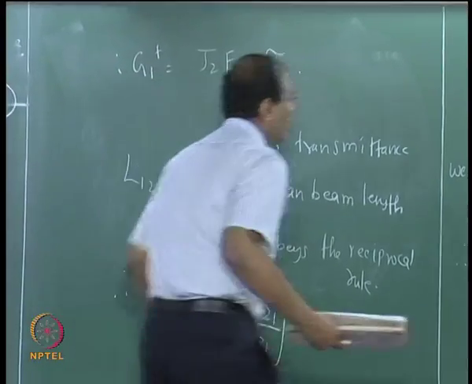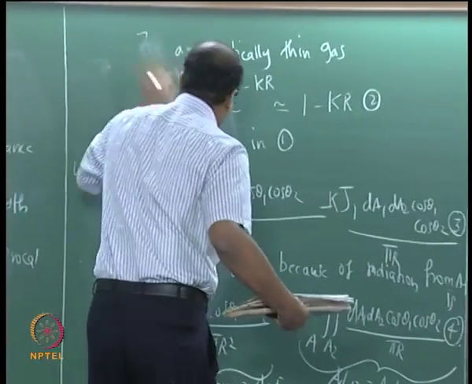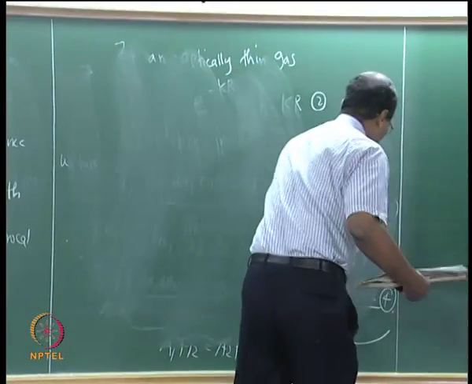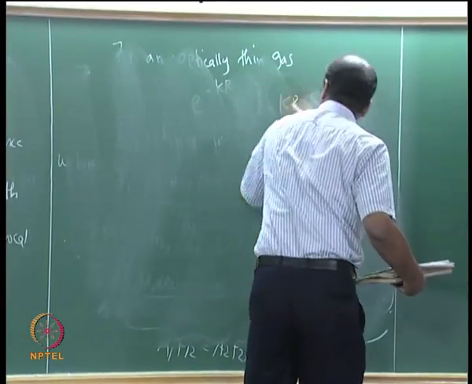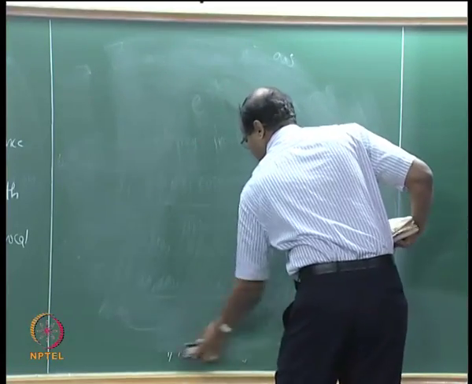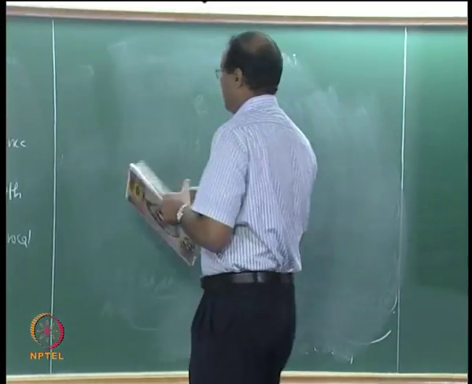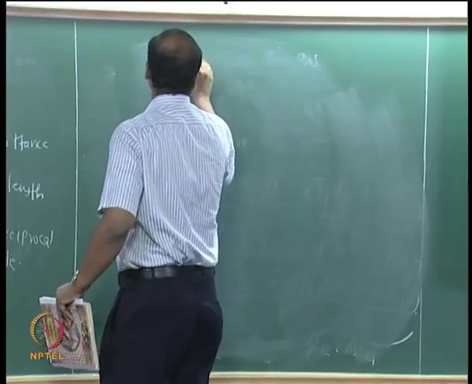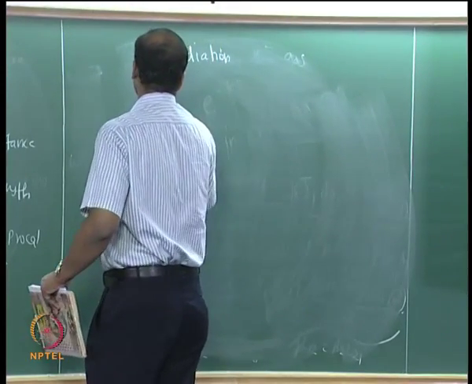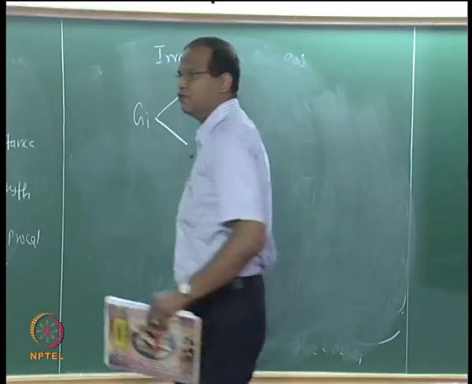Now, having defined this, I have to modify my irradiation term. So, irradiation G of I consists of two components.